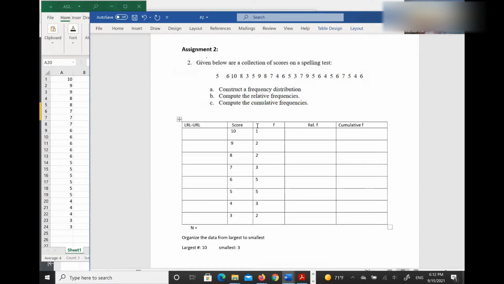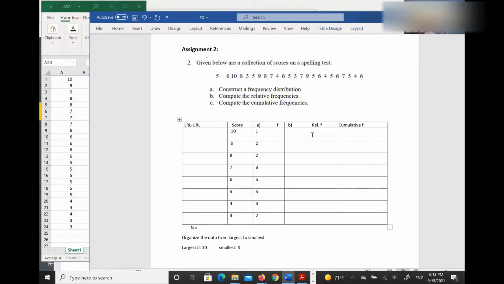I should mark it as part A so that you know which one is which. In part B, you have to calculate the relative frequencies. How do you find the relative frequency of the first row, of the score 10?